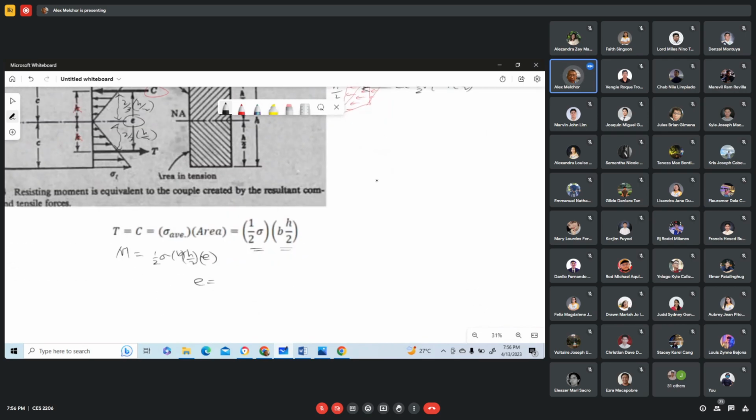So our distance E is 2/3 of h over 2 multiplied by 2. So this gives us 2/3 of h. That is our E distance.